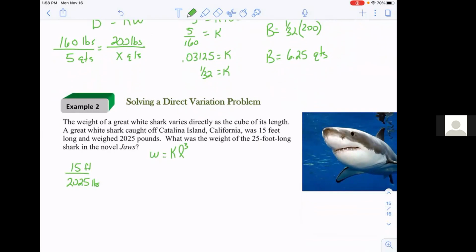What was the weight of a 25-foot-long shark in the novel Jaws? Now, what I have to remember here is it was the length cubed, so I've got to take the cube. Now, how am I going to solve for x? We're going to cross multiply and divide, so we're going to have 15x is equal to 25 times 2025 cubed.